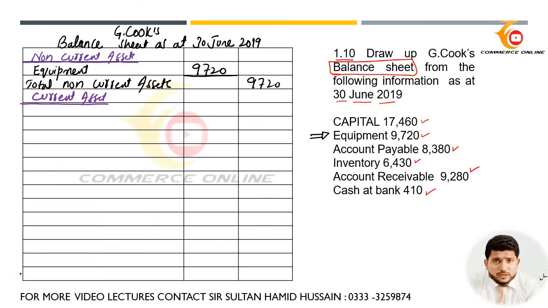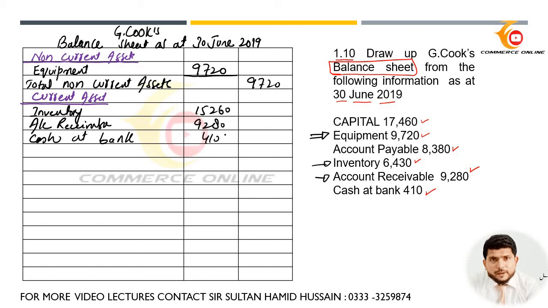Here for current assets, I am starting from inventory. I will write inventory, then account receivable, the amount of which is 9,280, followed by cash at bank, that is 410.